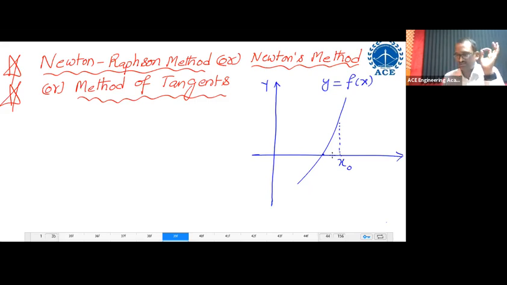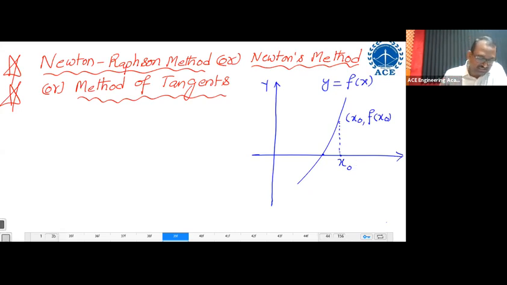Now this point is x0, because both points lie on the same vertical line. So the x coordinate is x0, and the y coordinate is f of x0. The initial approximation x0 should be very near to the curve touching the x-axis. In the examination, this initial guess will be given.